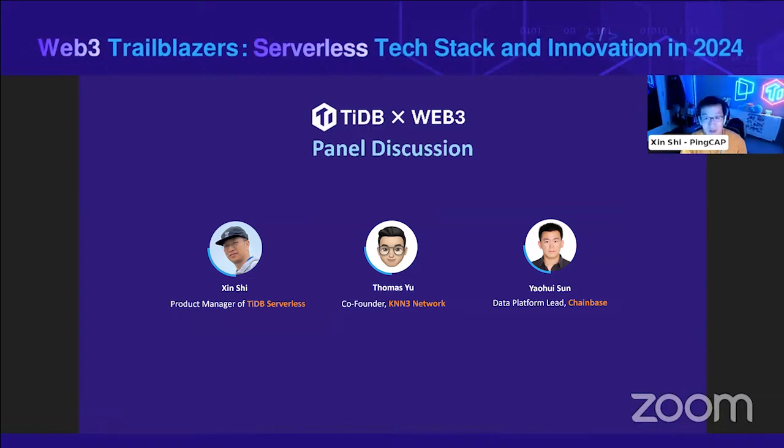So the questions are all about the Web3 industry and how the technology involved here can help business in Web3. First of all, it's a very classic question, but I think it's still worth asking: the impact of decentralization on traditional business models.